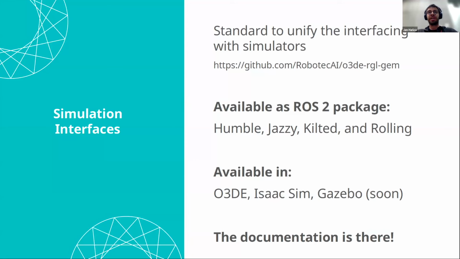This gem is implementing the standard that was designed by Adam Dabrowski, who is leading SIG Simulation in O3DE. It's a standard to unify the interfacing with simulators. It's a part of ROS 2, and it's released as a ROS 2 package. It's already available in ROS 2 Humble, Jazzy, Kilted, and of course Rolling.